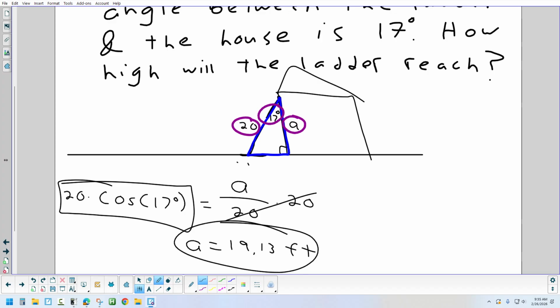So the question was really, where would the top of the ladder be? It's not necessarily where would somebody standing on the ladder be able to reach, because you could reach a little higher, depending on how tall you are. But we're just talking about where the top of the ladder would rest against the house. That's it.